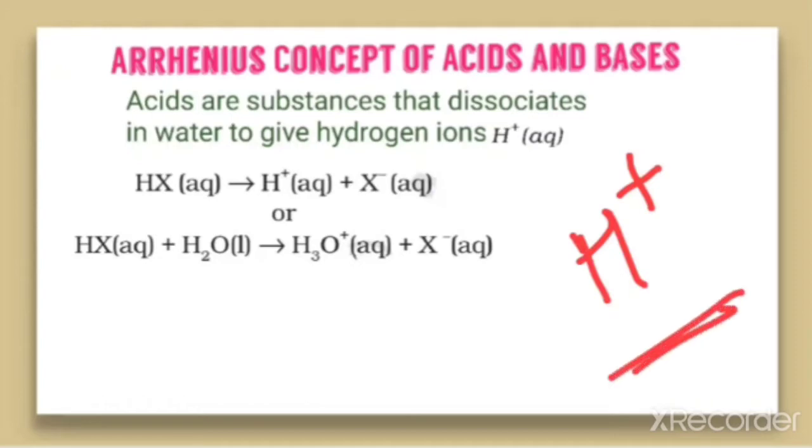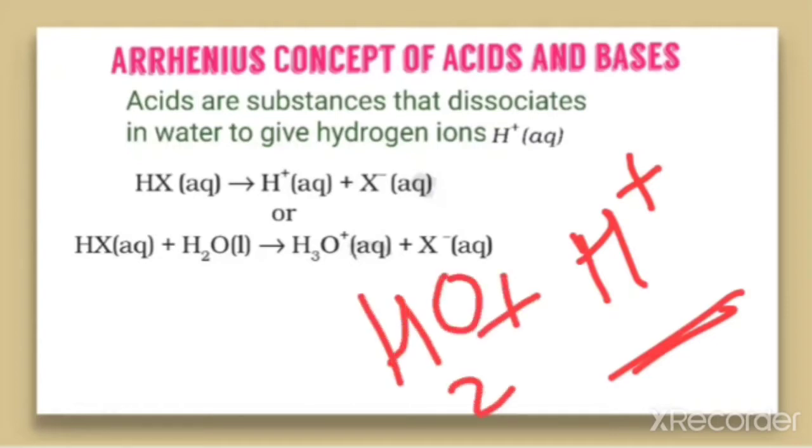Thus it bonds with the oxygen of the solvent water molecule to give a trigonal pyramidal hydronium ion, H3O plus. So instead of writing the first equation, we can write the second equation.